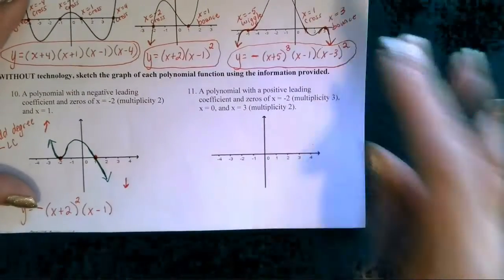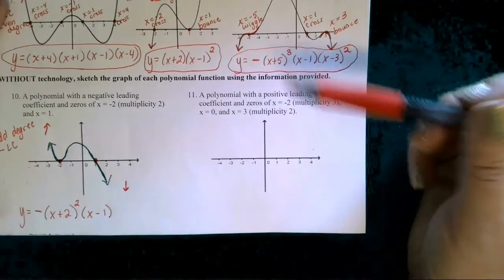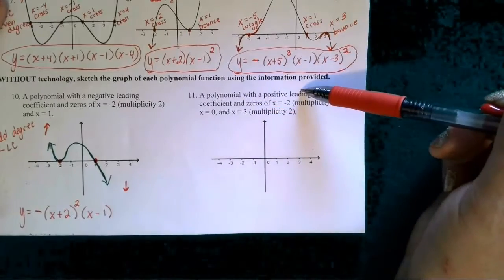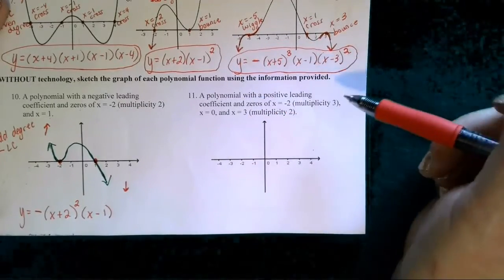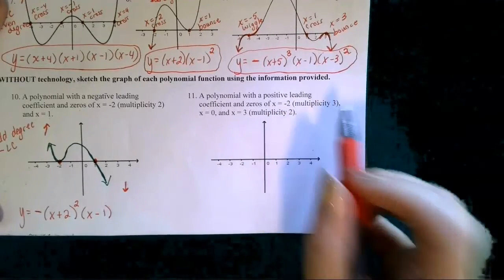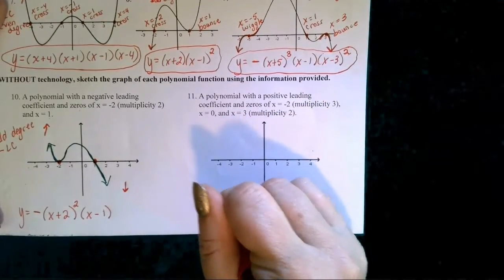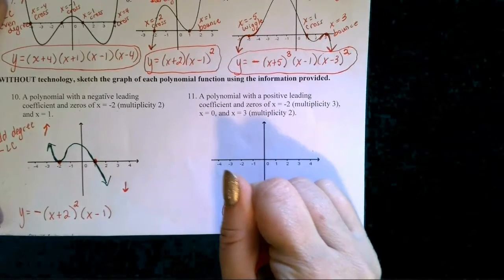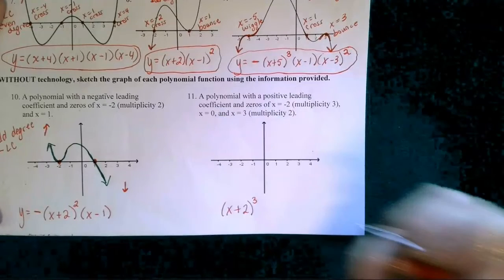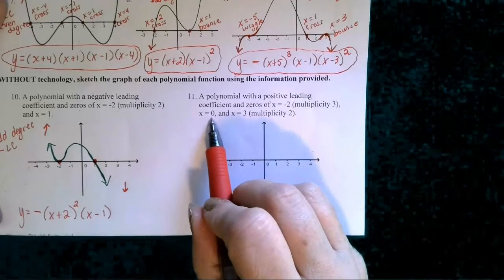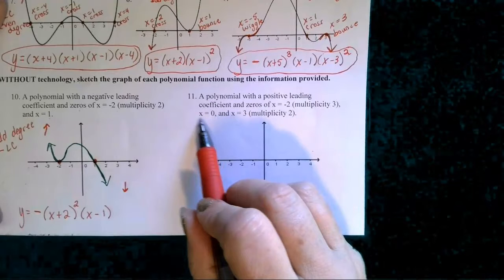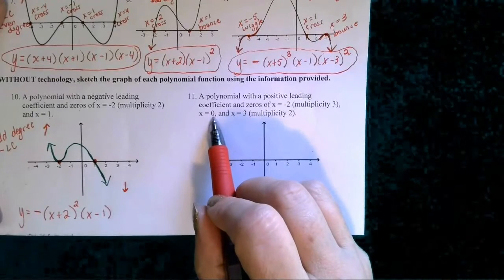So now in number 11, I want to create a polynomial with a positive leading coefficient, and then its zeros are x equals -2 with multiplicity 3. So my factor would be x plus 2, and then the exponent is a 3. Okay, then x equals 0 has no multiplicity listed, so that's going to be a cross, right?